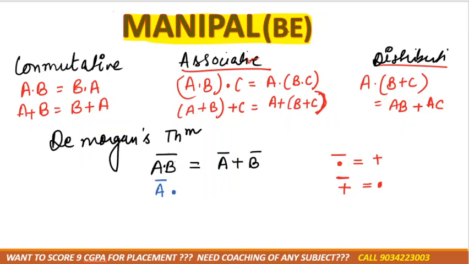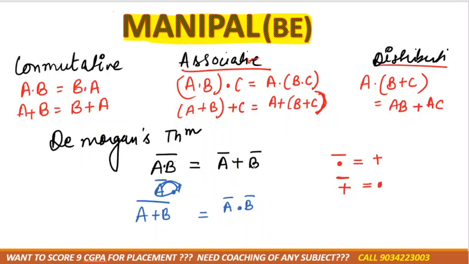So this is one of De Morgan's theorems. Another theorem is (A plus B) whole bar. Tell me the output for that. If we have (A plus B) whole bar, that would be A bar dot B bar. So this is the second theorem. Understood?